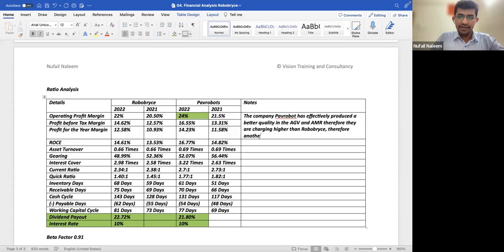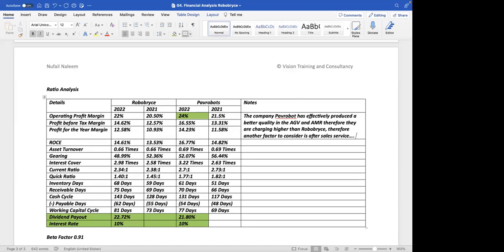Therefore, another factor to consider is after sales service. Now, doctor, have they given anything with regards to after sales service? That means after you sell, do you have any type of services you give back to the warehouse, like maintenance services? Did they mention anything in this case?